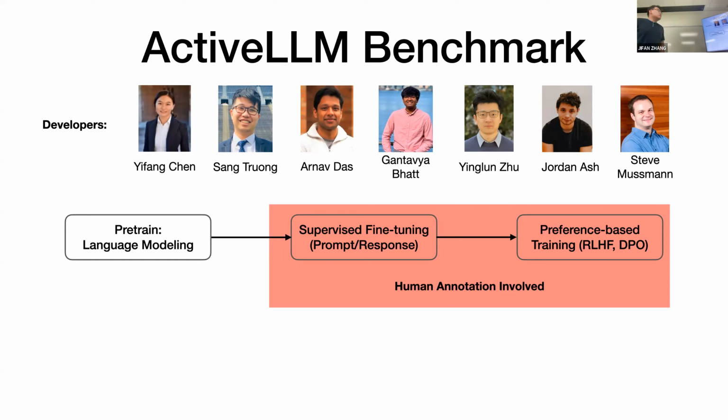There's a lot of human annotation involved in this. When you do supervised fine-tuning, you need to generate human-labeled responses to particular prompts. When you do RLHF, you have a lot of people going in and ranking which response is better.